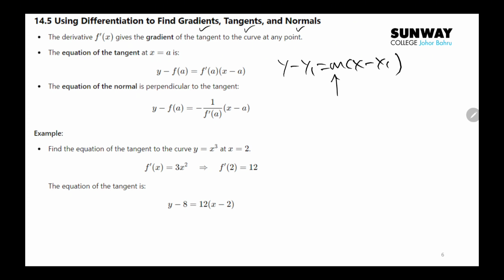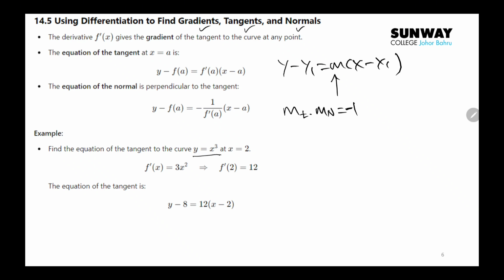The equation of a normal can be found in a similar way by applying the idea that two lines are perpendicular to each other if the product of their gradients equals -1. So which value of m are you going to substitute? It depends on whether it's the equation of the tangent or the normal that you would like to find.